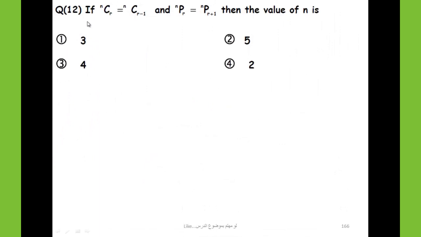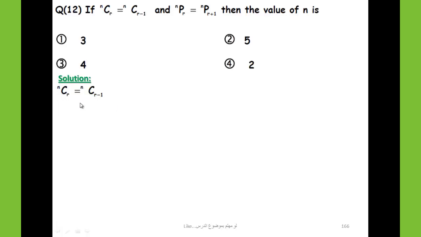Question 12. If nCr equals nC(r minus 1) and nPr equals nP(r plus 1), then the value of n equals. So the required here is to calculate the value of n. Solution. Since nCr equals nC(r minus 1), then r equals r minus 1 or r plus r minus 1 equals n.